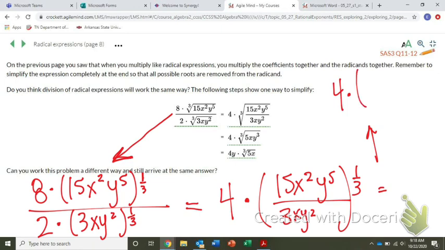What's 15 divided by 3? 5. Now, our x's, when we are dividing, remember we subtract. So we have an x squared and an x, which leaves me with an x. And we have a y to the 5th and a y squared, which leaves me with a y cubed, and all that's still raised to the 1/3 power.